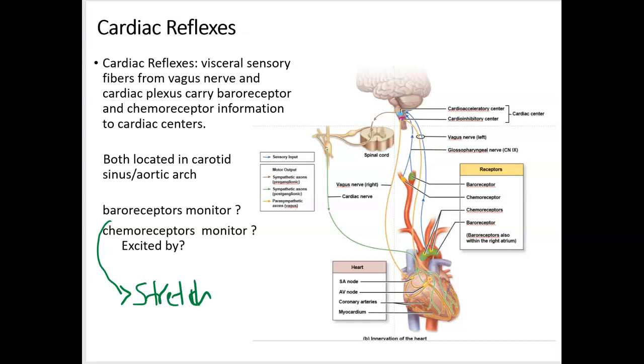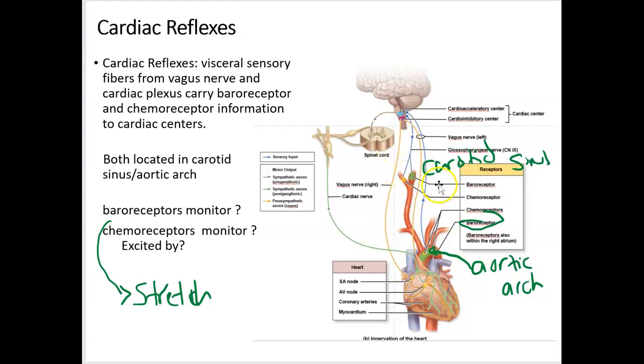And so what we're looking at for the baroreceptors is they're located in two blood vessels. You're going to see them here in the aortic arch. See the arch? And then what happens is when the blood vessels come off the aorta and they come up your neck, there's an area up here that's called the carotid sinus. And the carotid sinus is where the common carotid artery, which comes up your neck, splits.